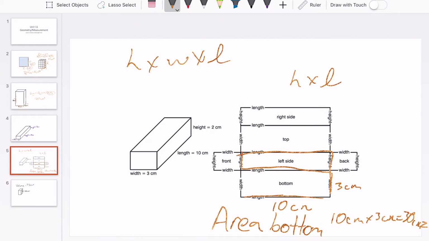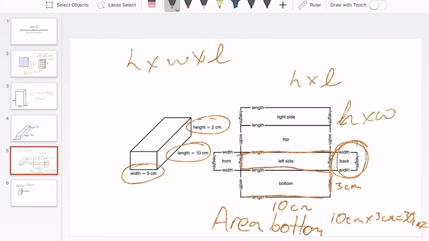Or if I only did height times width, that would only give me the area there. So make sure you know what you're being asked in your questions. Are you being asked for the area of the top of the prism, or are you being asked for the volume of the prism?